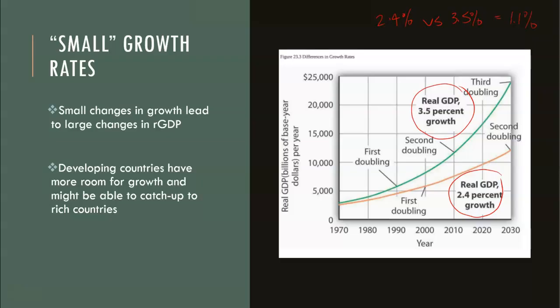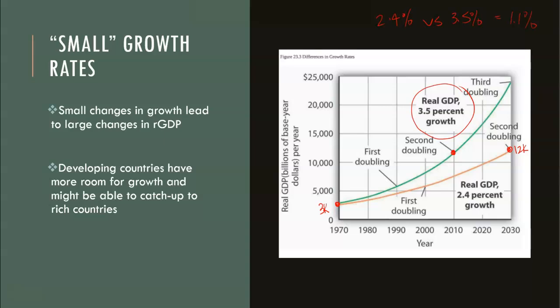And we can see that over 60 years, our bottom economy is going to double twice. So they're going to be 4 times as well off as they were when they started. So it looks like at the end, they're probably somewhere around $12,000. Starting point for both of these economies was around $3,000. Our top economy, with 3.5%, reached that second doubling of the economy 20 years earlier.